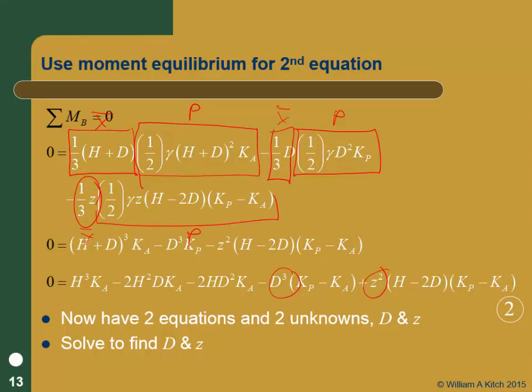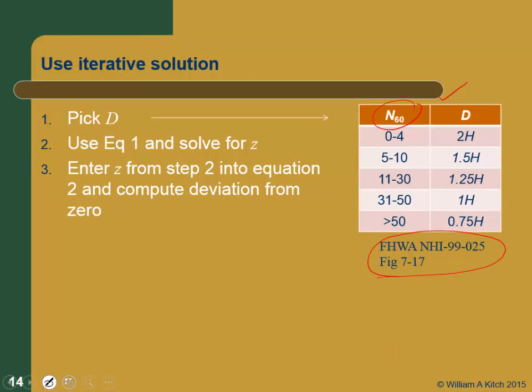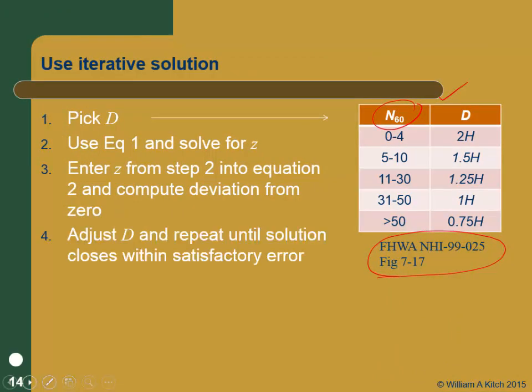So we'll stick our d in there, and it won't be equal to 0, right? We've assumed d, we got z, we stick it in there, and it's not going to be equal to 0. And so then we'll make an adjustment, change d, and repeat this whole process until we get closure.